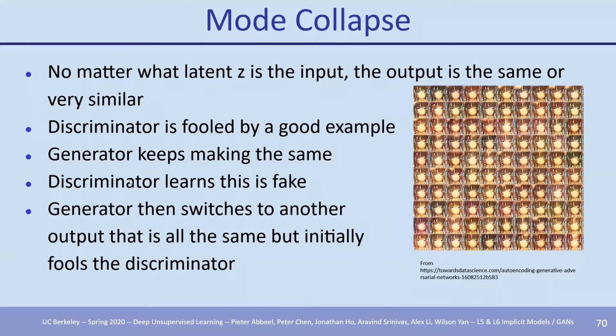But then the discriminator learns that this is a fake, because if you just get it from this mode, then it's fake. Then the generator switches to another output that is all the same, but in a different mode, and fools the discriminator again. The discriminator learns again, and then you're constantly switching modes. But the problem is that there isn't a variety of these images. It just produces the same one.